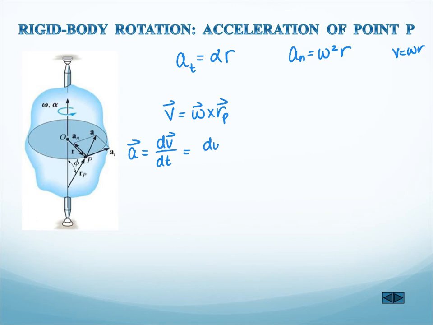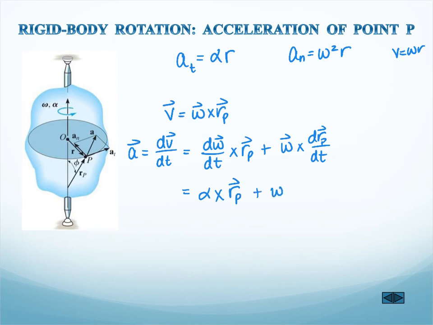And so using the product rule, we see that this would be alpha cross r sub p plus omega cross v, which we can also write by replacing v with omega cross r. And so I'm going to write it down here, just easier to work with.